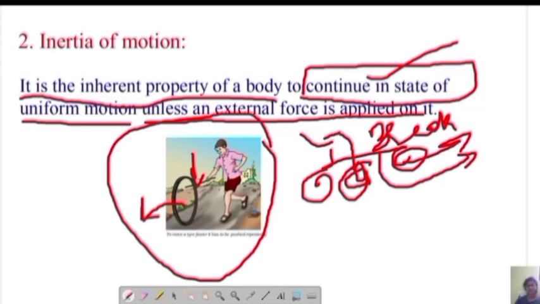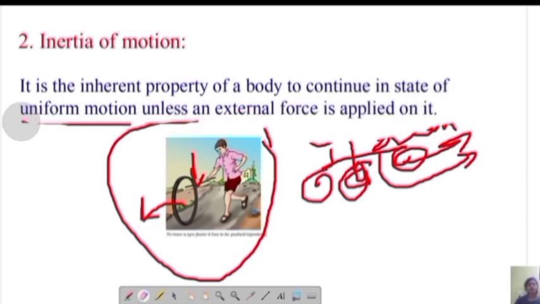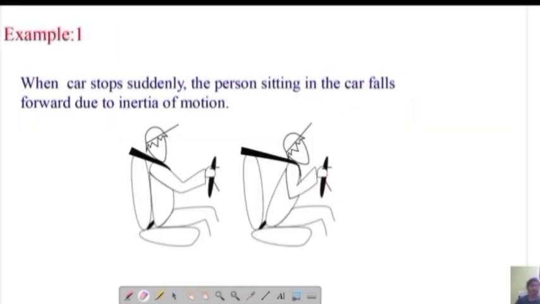What do we call that? Inertia of motion. So what did we understand by inertia of motion? What is the definition of inertia of motion? It is the inherent property of a body to continue in a state of uniform motion unless an external force is applied on it.